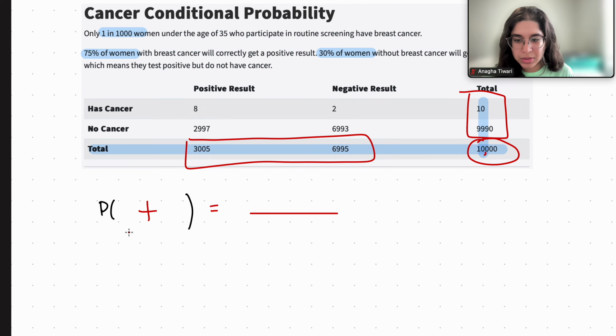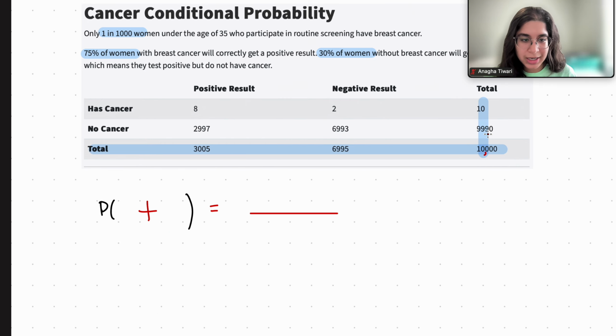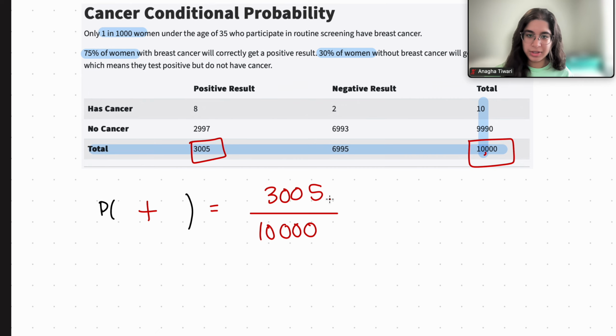But here, since we want the probability out of all women, how many got a positive result? Well, in that case, we're looking at the grand total, right? There's no given event that we need to account for. We're basically just finding out, of all of these 10,000 women, how many got a positive result. Well, it tells you right here: that's 3,005.